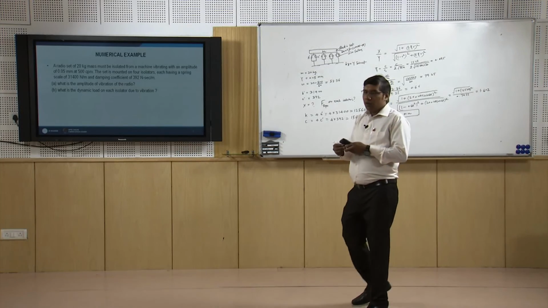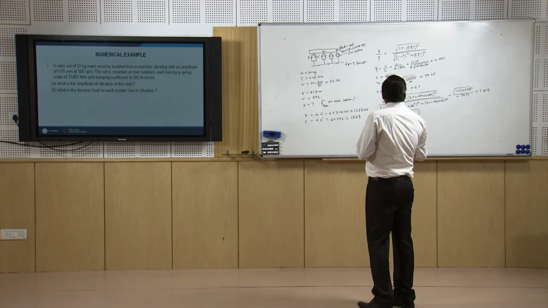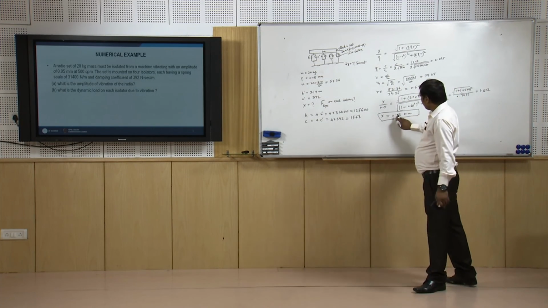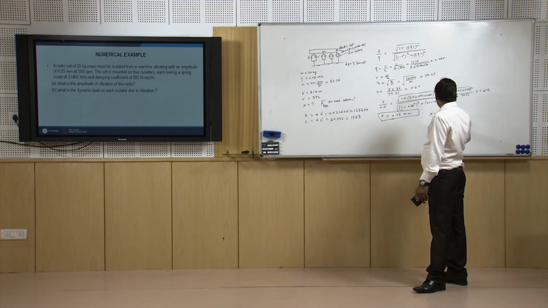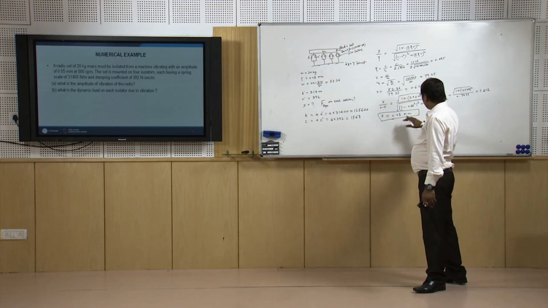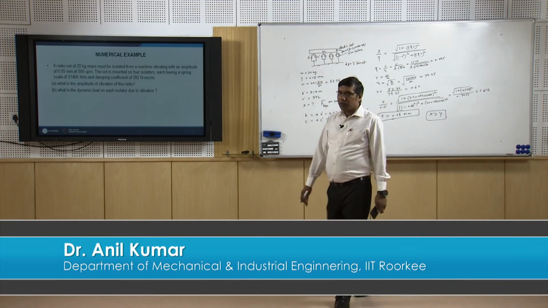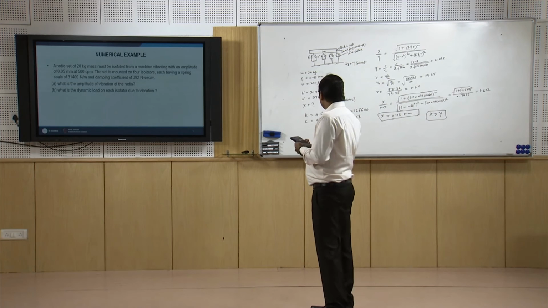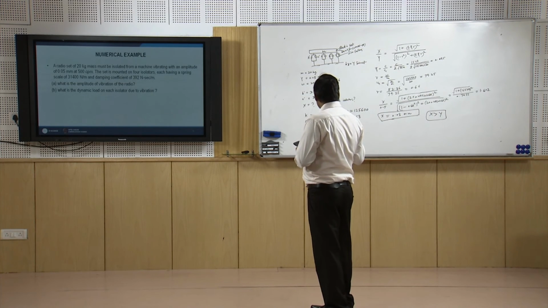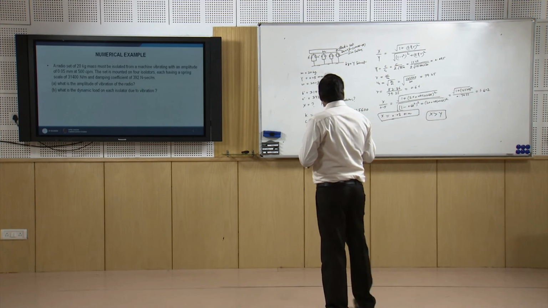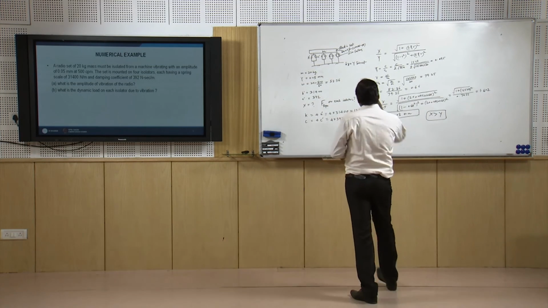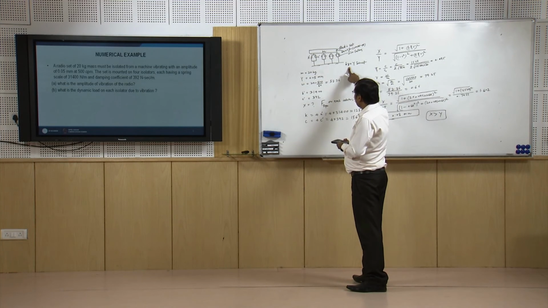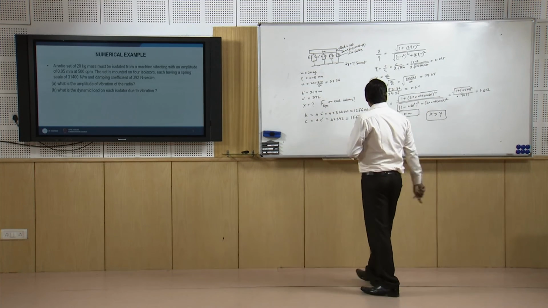Now here we see that X is greater than Y, which means more displacement amplitude is transmitted to the mass than what is coming to the base.